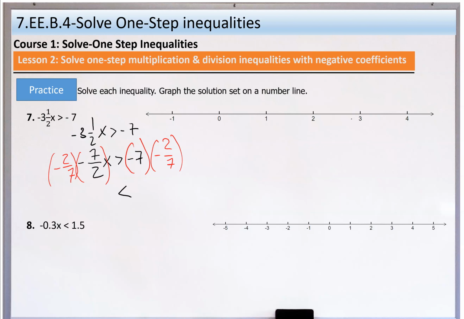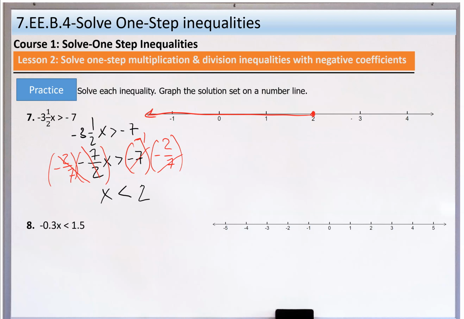It is a negative coefficient, so I have to invert my inequality sign. I multiply by the reciprocal so I have 1x. And this is going to be 2. So anything less than 2 is part of my solution.